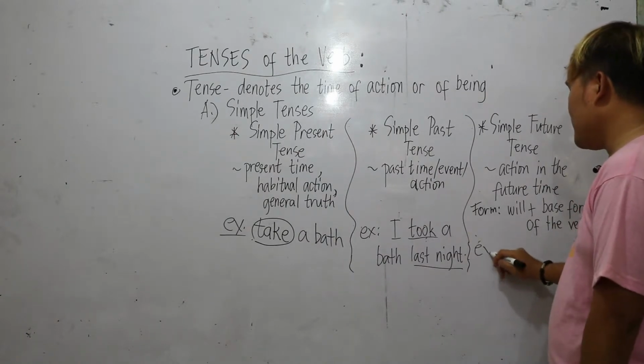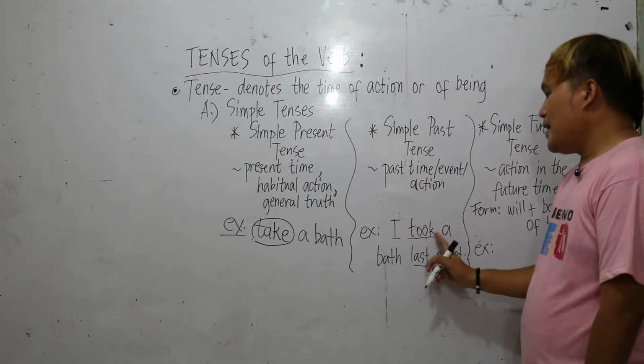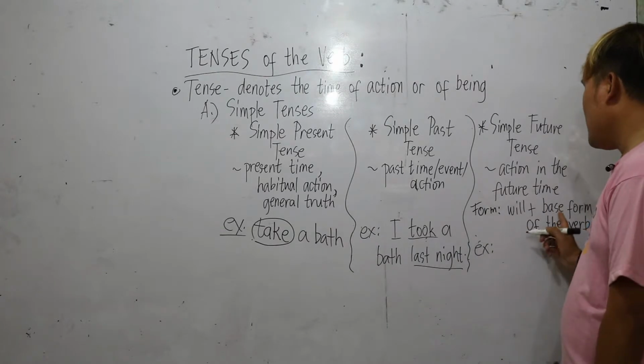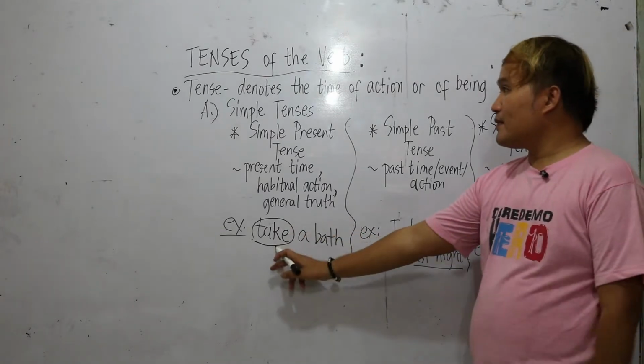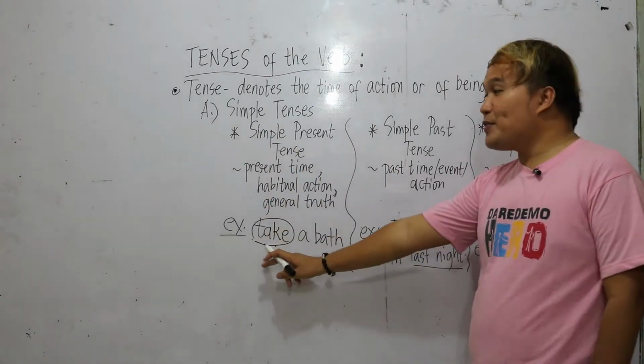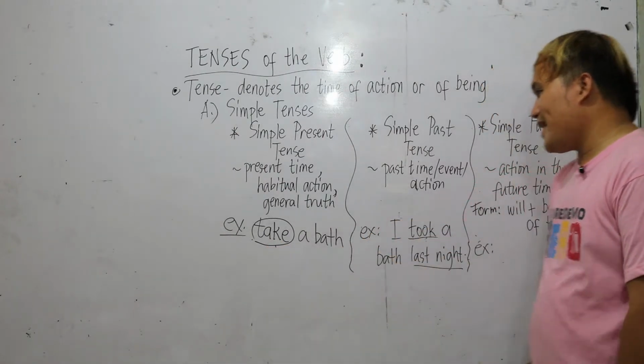Let's have an example. From took, it will become will. What's the base form of took? Again, simple tense refers to the base form, so we use the word take.